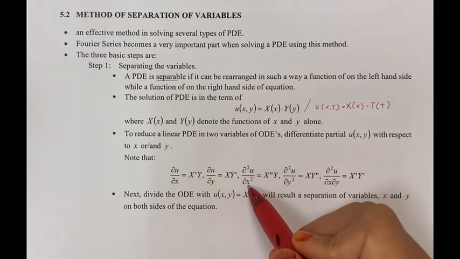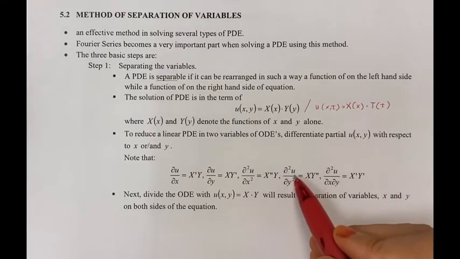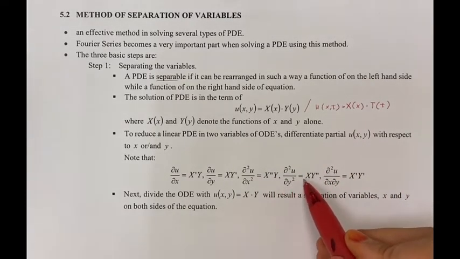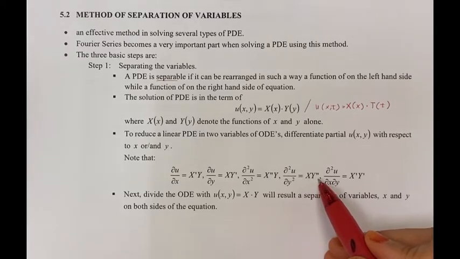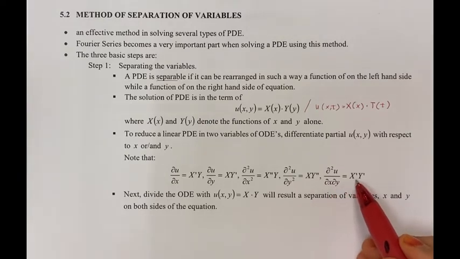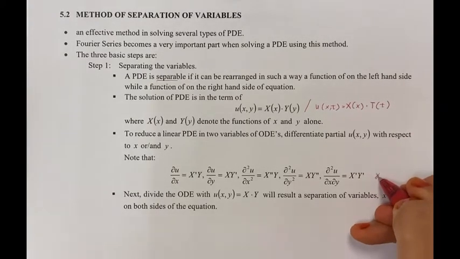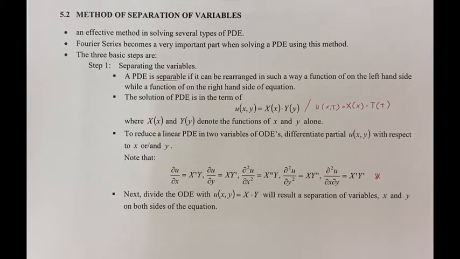Del square u over del x square is X double prime Y. Del square u over del y square is equal to X Y double prime. And lastly, if you have to find del square u over del x del y, it is X prime Y prime. You need to use this substitution to solve for the first step.